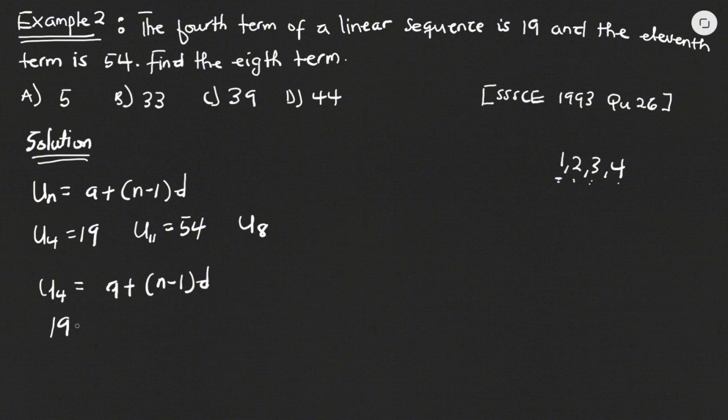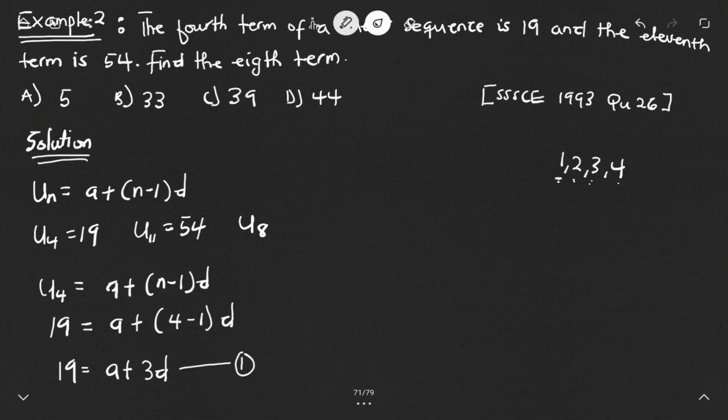So I have 19 is equal to a, which we don't know, plus n, which is 4 since we are dealing with U4, minus 1, multiplied by d. We do not know the value of d. So I have 19 is equal to a plus 4 minus 1, which is 3, multiplied by d, and this becomes my equation 1. Okay, so let's get some space here.